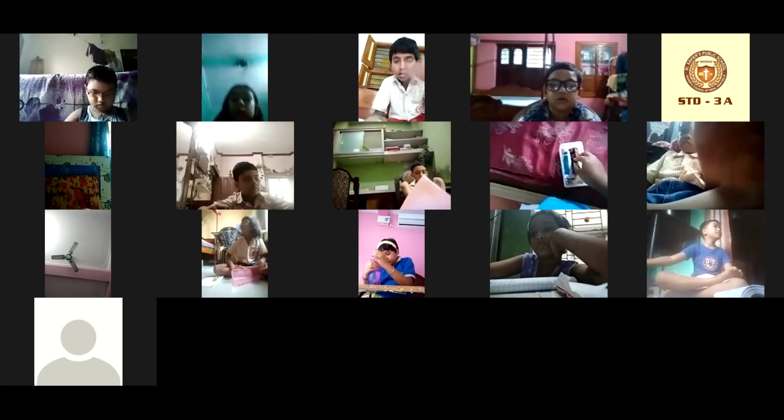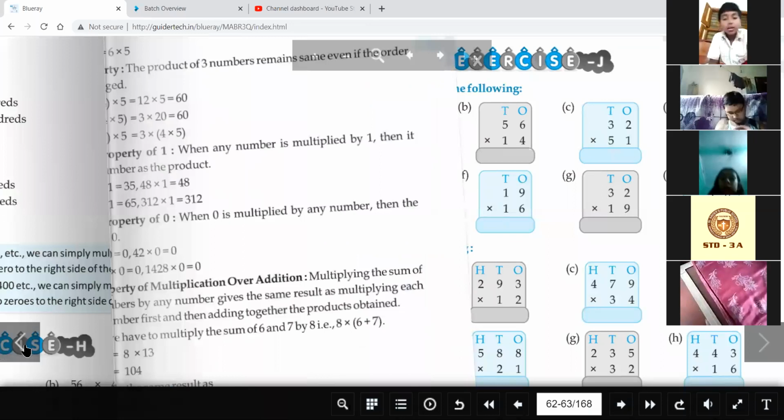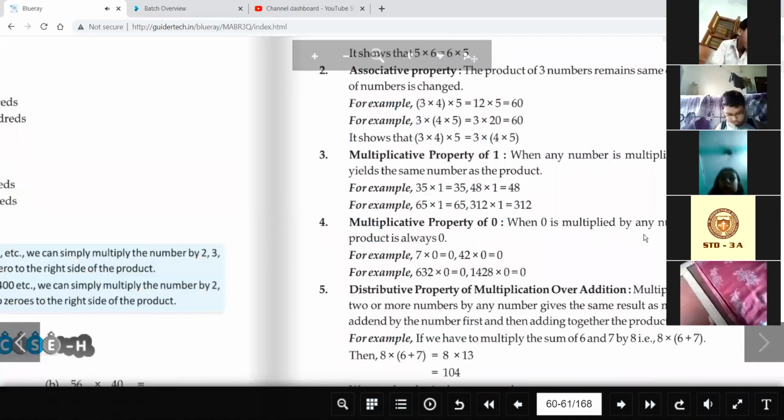Okay, so today I will start with exercise. Next exercise. Okay, that is exercise. As I told you, I will start with the properties.